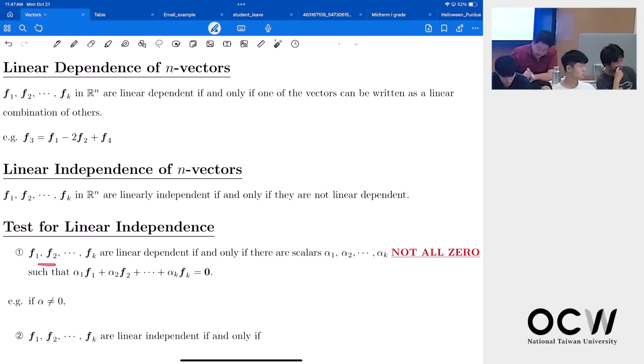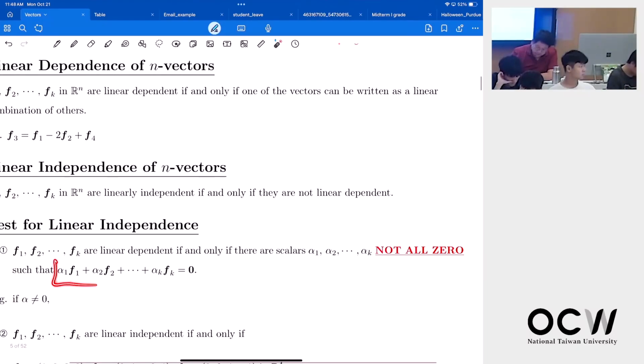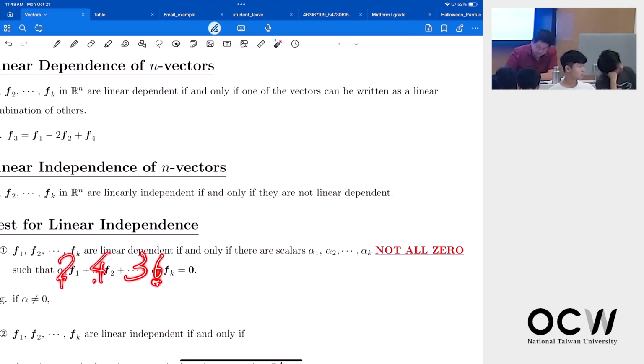We say that f1 to fk are linearly dependent if we express the linear combination of these k vectors equal to 0, but those scalars are not all zeros. I may have like 2, 4, 3, 5, 6, whatever. If the coefficients are not all zeros, then one of the vectors can be expressed by the rest.